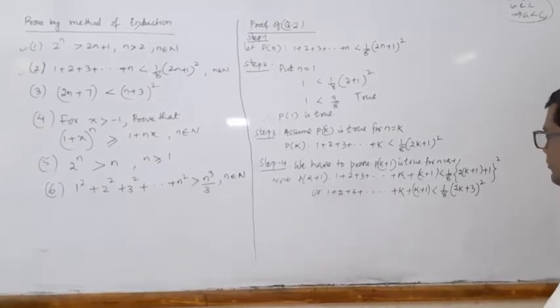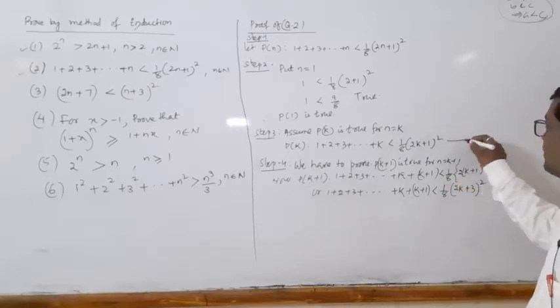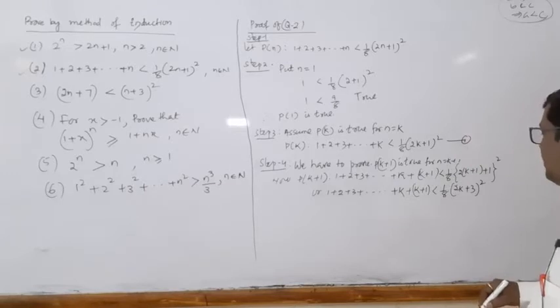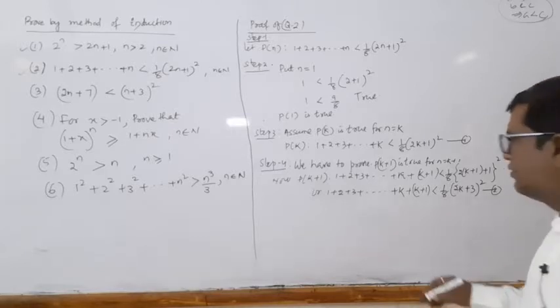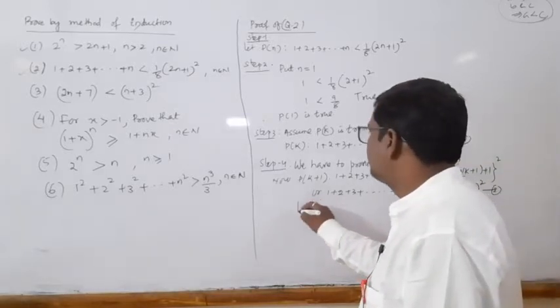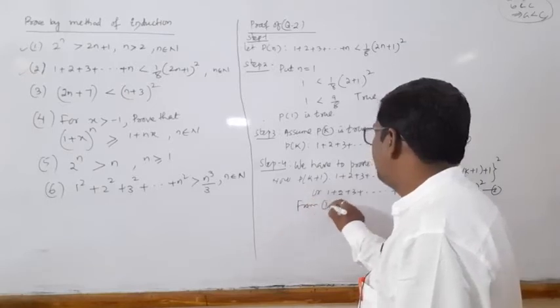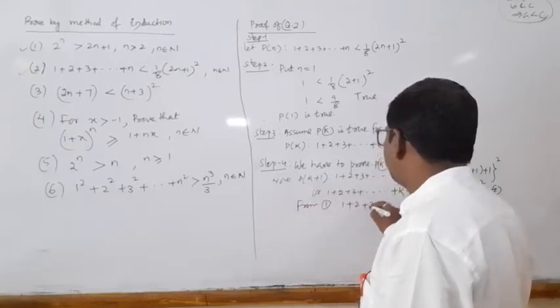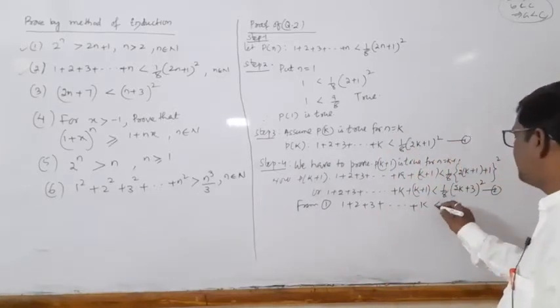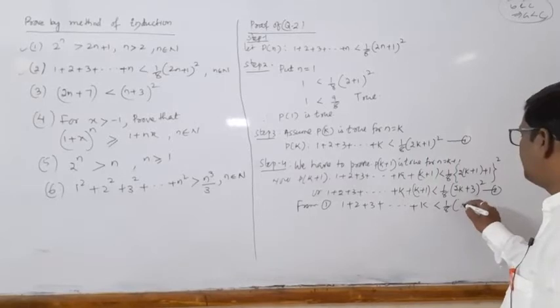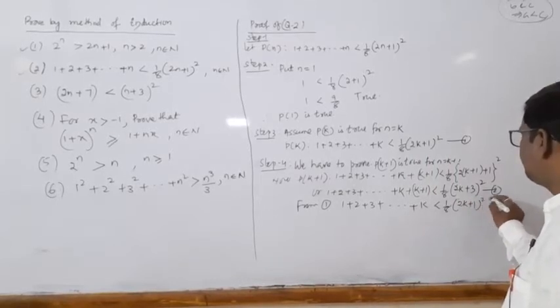Now we know this is equation 1 and this is equation 2. From 1 we can write 1 plus 2 plus 3 plus dot dot up to k is less than 1 by 8 (2k plus 1) whole square.